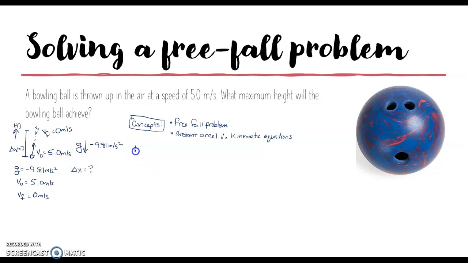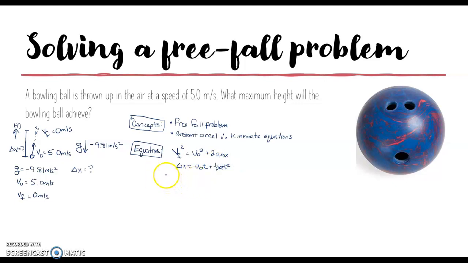And now I'm going to think about what equations I can use to solve this problem. So I look at my knowns and my unknowns. I don't expect you to write out all your kinematic equations, but the possibilities are: Vf squared is equal to V naught squared plus 2a delta x. Or delta x is equal to V naught times time plus 1/2 a t squared.